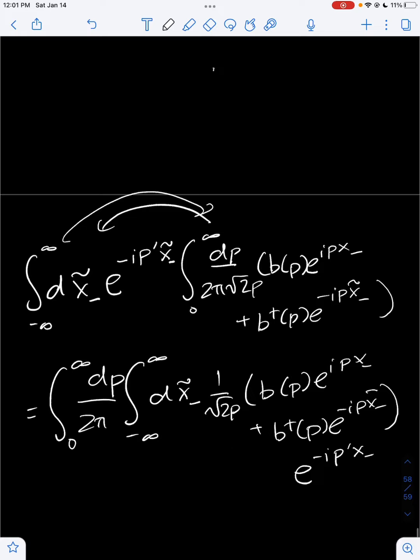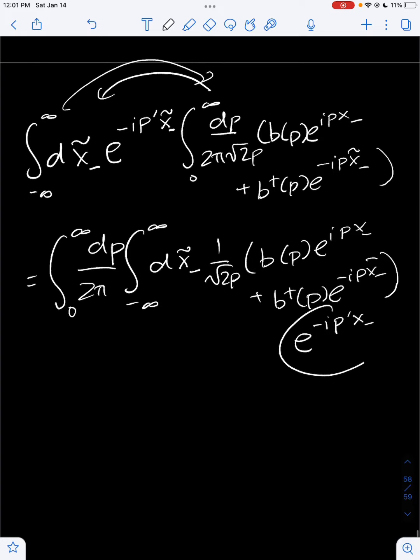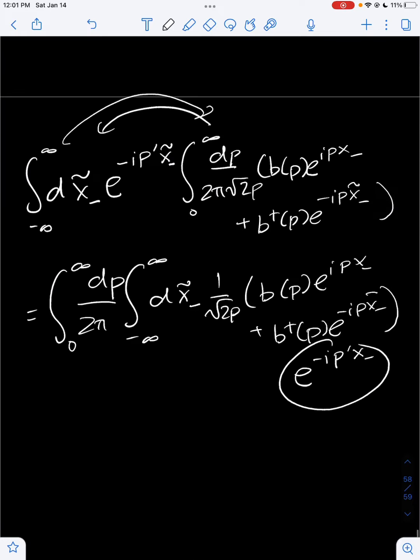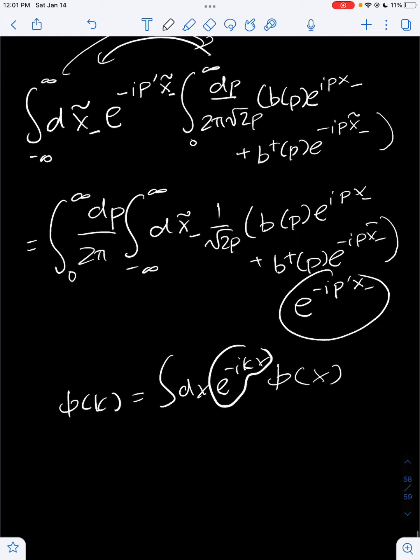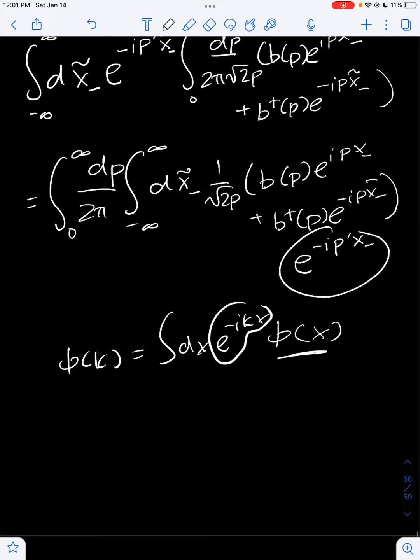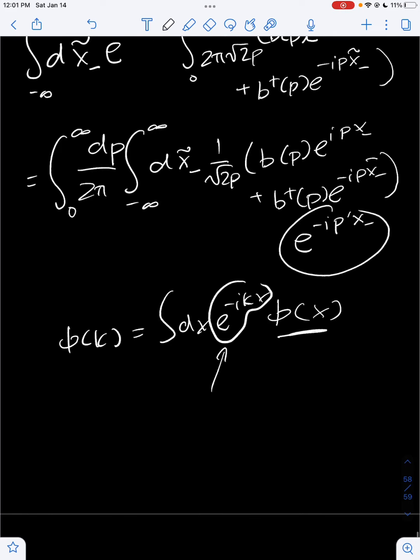Now, something I want to mention here is why do we have this over here? Remember that in the Fourier transform, we had that phi of k equals the square root of dx e to the minus ikx phi of x. This is that factor, right? The Fourier factor. Whichever one's called the Fourier factor, I'm just going to call this the Fourier factor or the plane wave. And we'd have to have that in order to properly Fourier transform this expression.